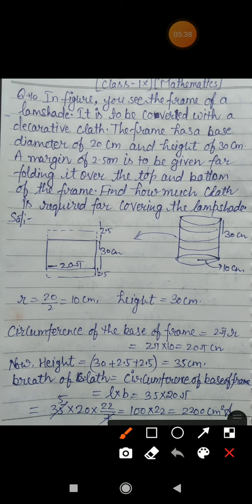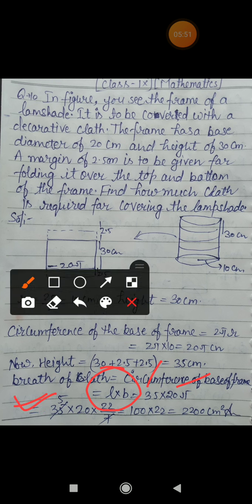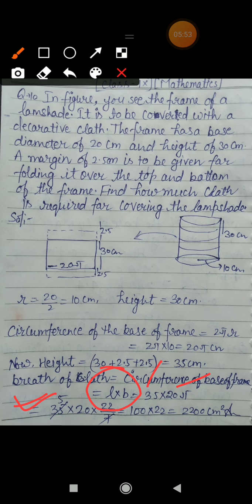The area of the cloth is L into B, and put the value of L and B, and then you find the total cloth, which is the calculation for finding the total cloth. So put the value of L as 35, and L is 20 pi.